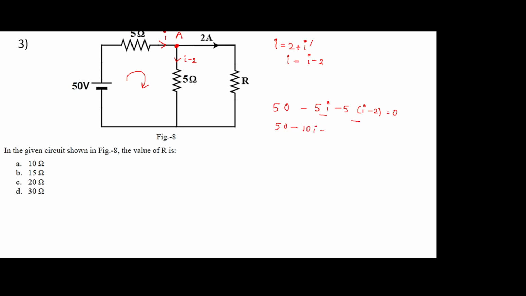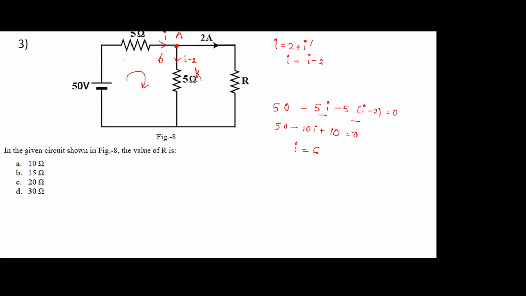This will add up. Sorry, let me just check. So 10 will be equal to 0. So I will be equal to 6 ampere. So 6 ampere current is flowing across this. 2 ampere is going there and 4 ampere is coming here, right?